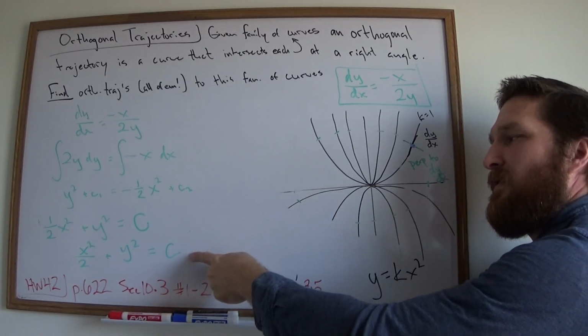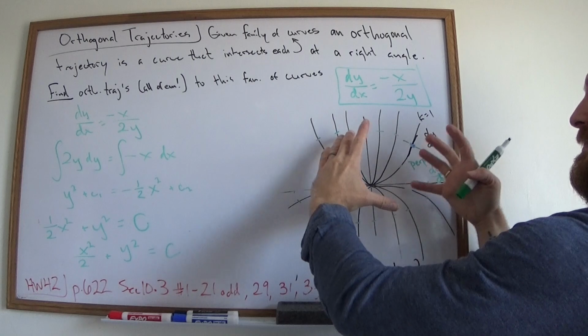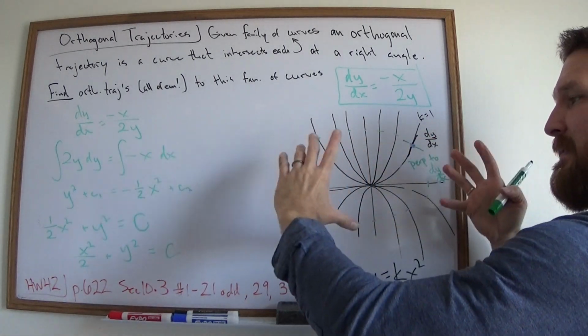And for different values of c, you're going to get different sizes of ellipses.